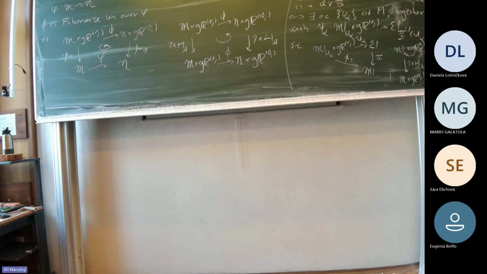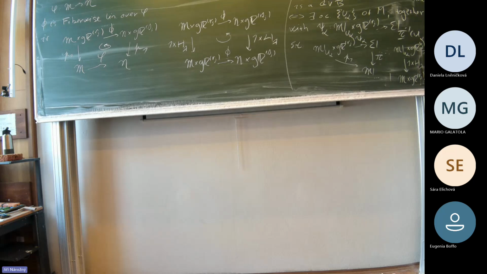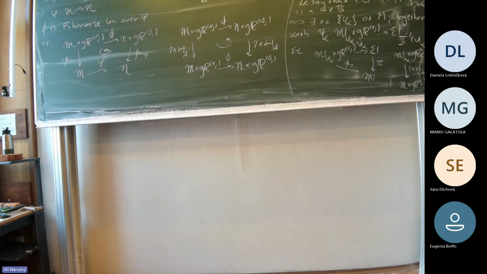This means that locally these maps look like multiplication by lambda. We call them the homothetic maps on E. Right, so if this all commutes, then you say that this is a graded vector bundle, and you are happy because you have finished your definition.